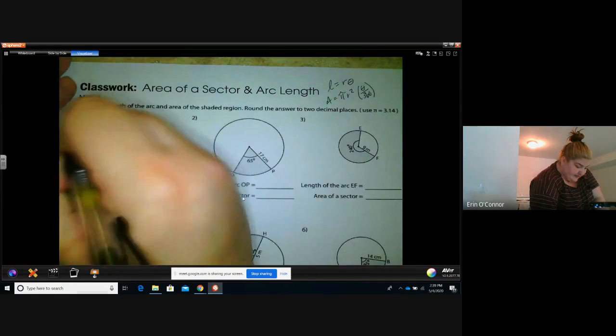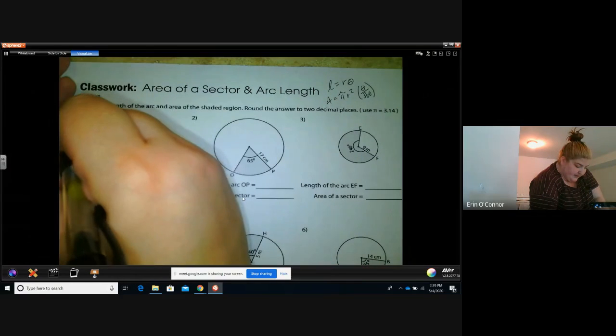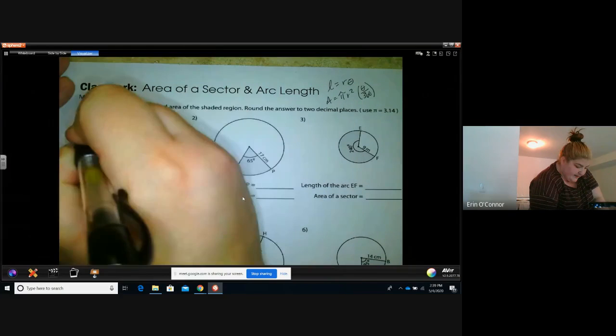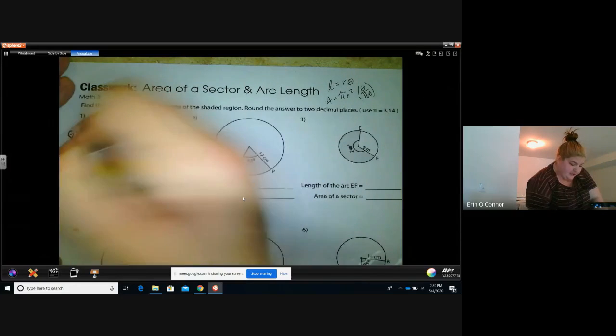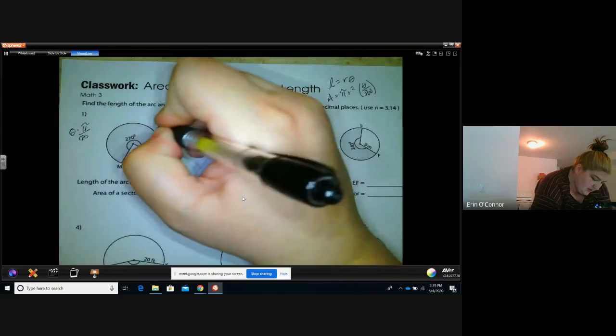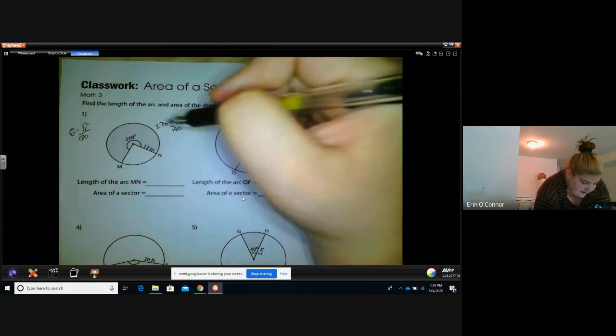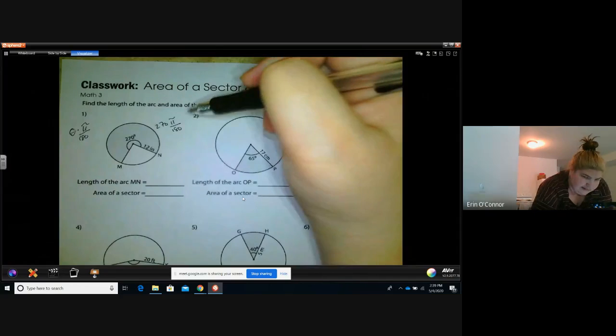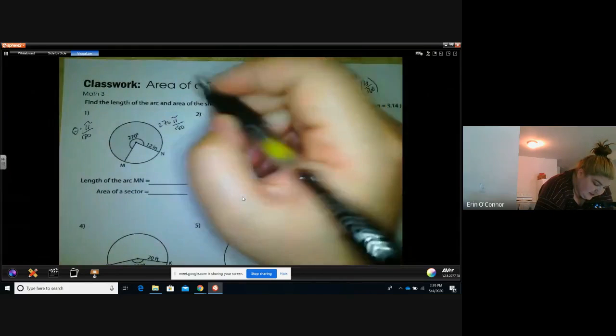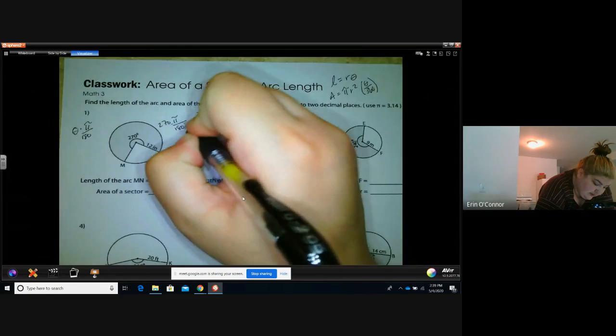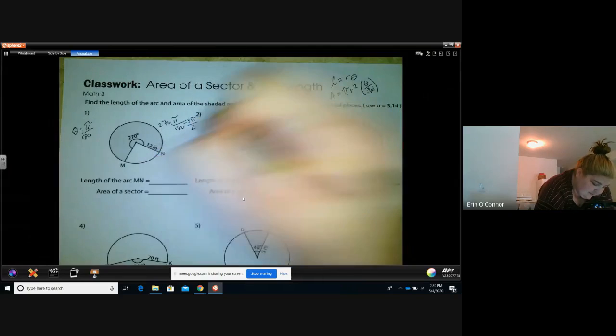So I'm going to start going through and doing that. So we have theta times, remember, pi over 180 is how we're going to change it. So 270 times pi over 180. 270 over 180 is 3 halves. So it'll be 3 pi over 2.